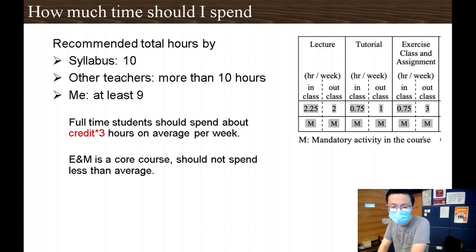And so you only need to spend about 5 hours in addition for your homeworks and your readings or reviewing the materials. The reason for the 9 that I came up with is that your course credit times 3 hours is what you should do on average for all your courses.